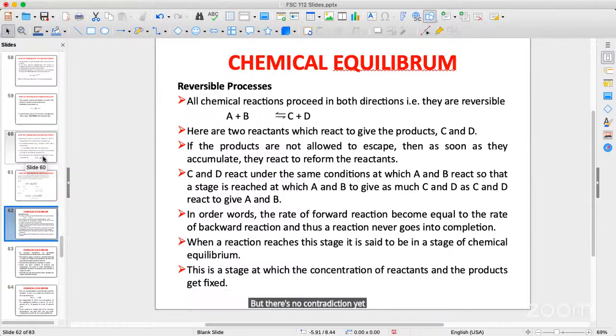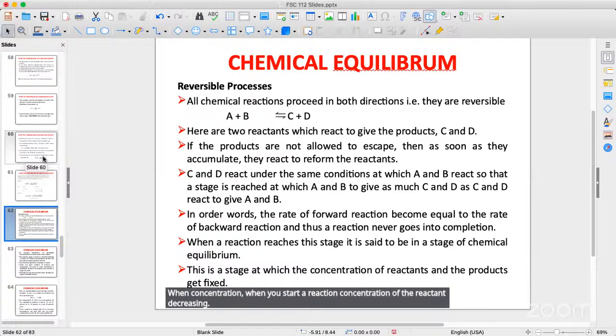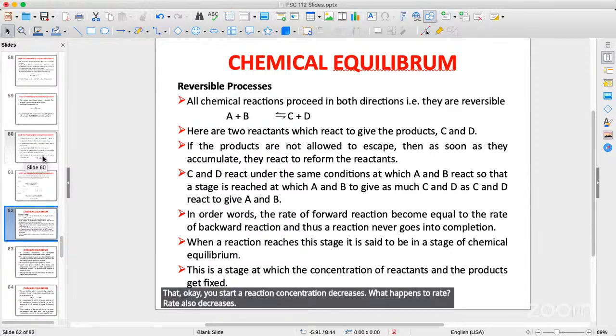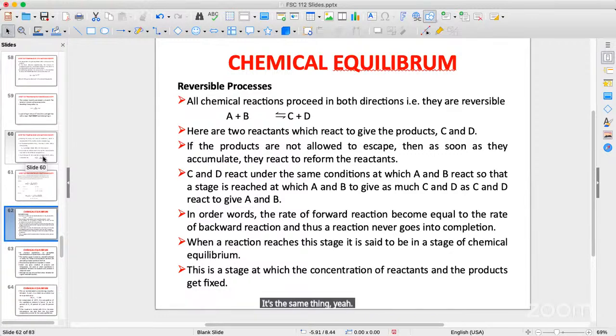When you start a reaction, the concentration of the reactant decreases. That's a fact everybody knows. What happens to rate? Rate also decreases. Which is the same thing here. Rate decreases for reactants, it increases for product.